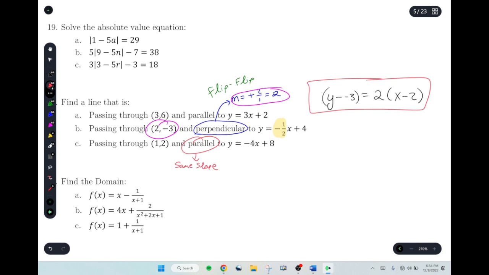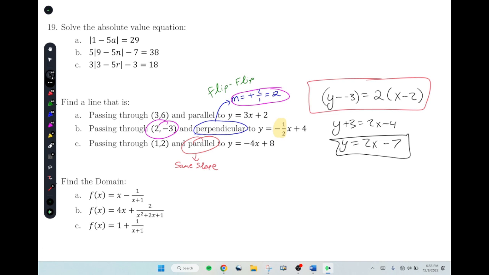If you want to keep working it out, you could go y plus 3 equals 2x minus 4, y equals 2x minus 7, your other form of the same thing.